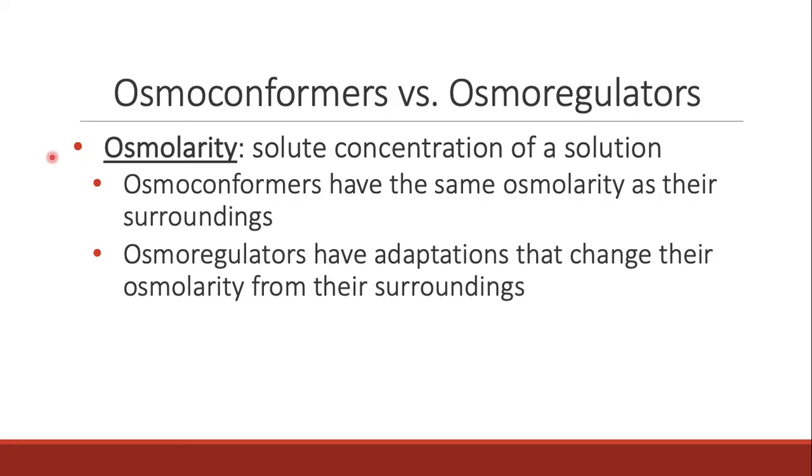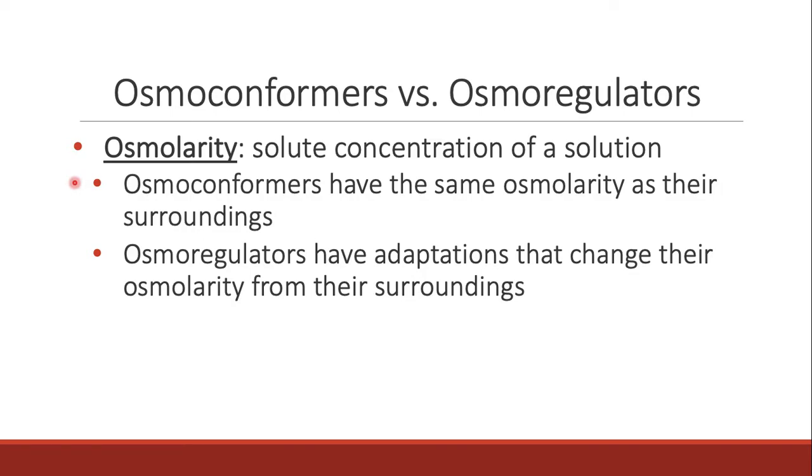So if you think about that image with osmoconformers, they have the same osmolarity as their surroundings because they don't have a mechanism inside of their bodies to help them control their osmolarity. They just end up being whatever osmolarity their environment is, or whatever osmolarity water decides it is based on how water moves.